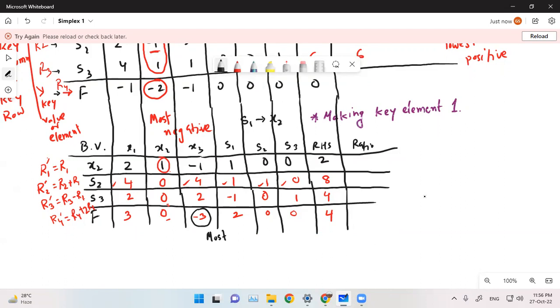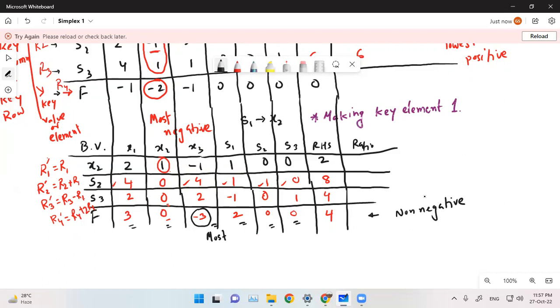We have to find out that all these values have to be non-negative. The coefficients here, it means this one, this one, this one, this one, this one, this one. All of them have to be non-negative. Whenever this is arrived, then we'll stop our iteration.